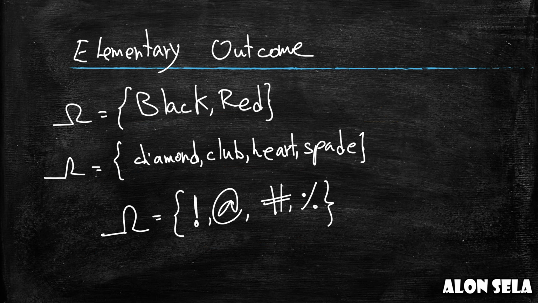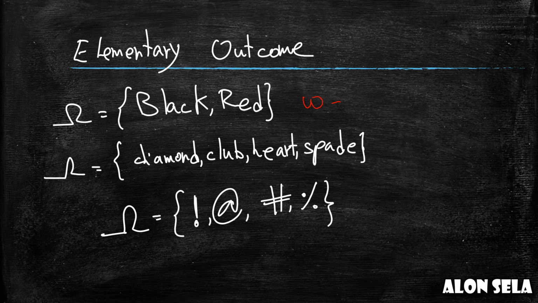which brings us to the next topic of elementary outcome. So let's recall the sample space in which we had only two outcomes, black and red. We call an elementary outcome, and denote it by small omega.